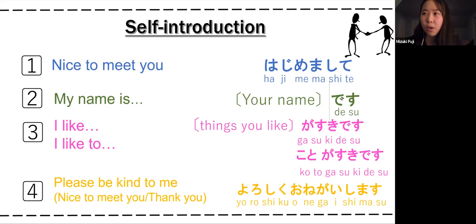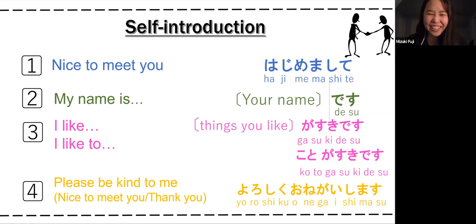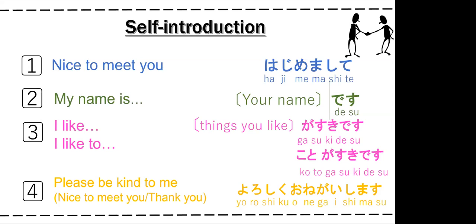So when I talk to a teacher or someone new, or a stranger, at that time I use です. Blah blah blah です, blah blah blah ですか? If I want to ask, please.